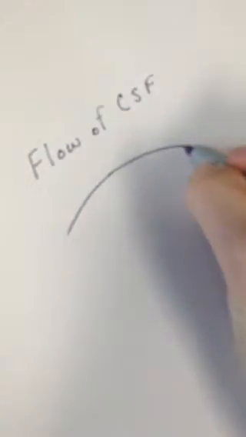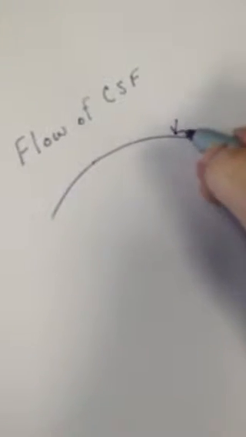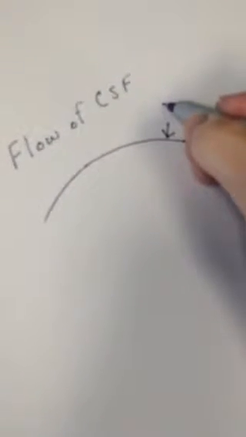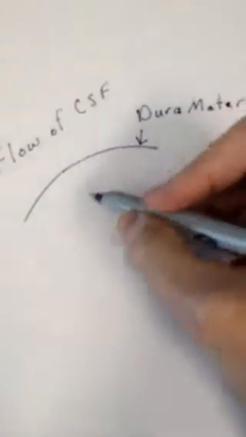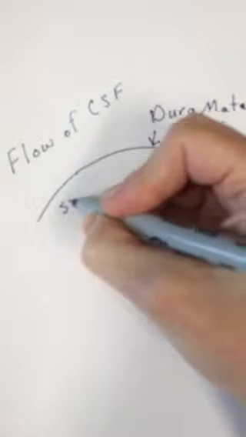The outermost meningeal layer, that connective tissue element on the outside of the brain and spinal cord, is called the dura mater. So there's a space underneath the dura mater. Do you remember the name of that space? The space is called the subdural space.